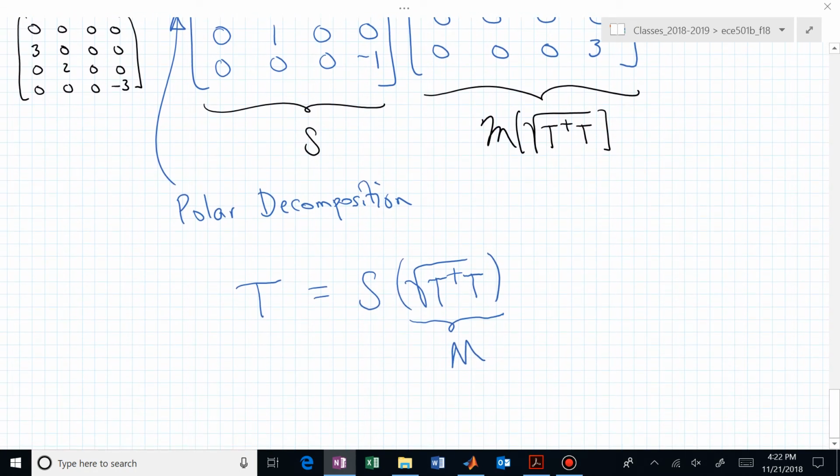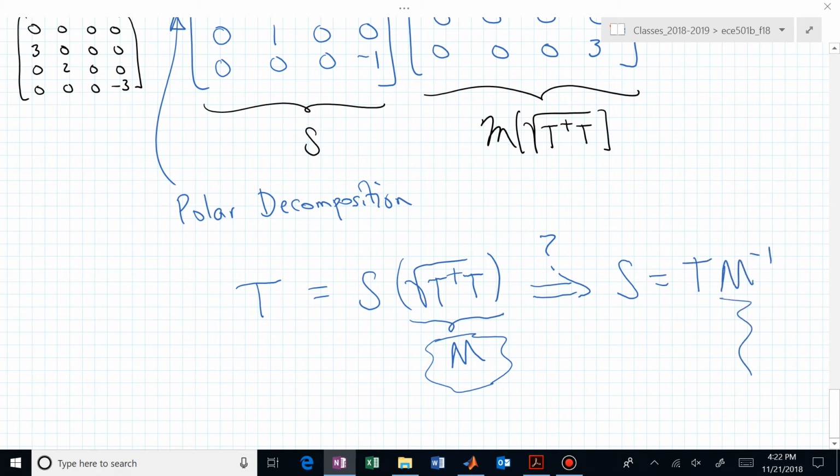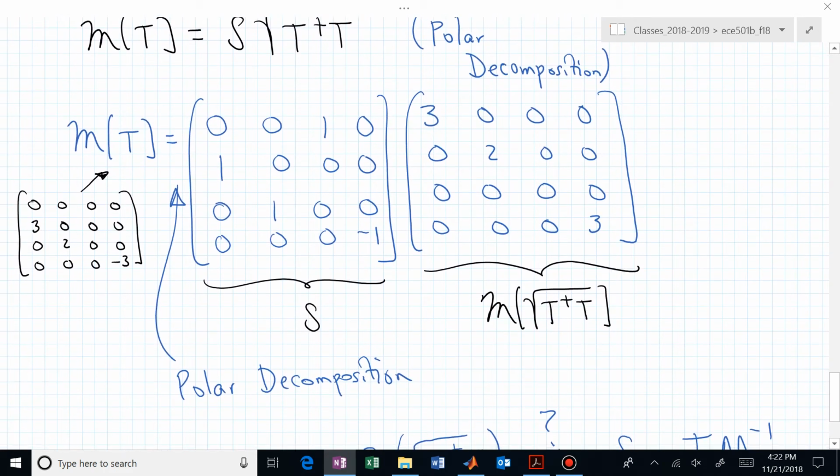But if m did have an inverse, we could find S by inverting m to obtain t m inverse. But that's only true if m has an inverse, and you can see that in this case it doesn't because we actually have a 0 eigenvalue for this positive matrix. So in this case we had to look at finding this rotation.